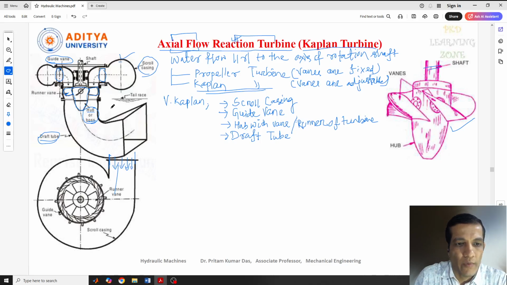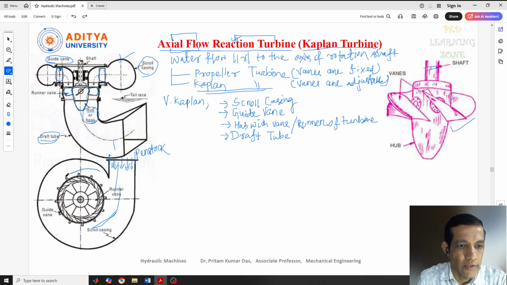The water will come out from the dam through a penstock. We know that a penstock is a long pipe which is connected from the dam to the turbine. So when the water goes inside, it goes through the scroll casing and enters the turbine here.